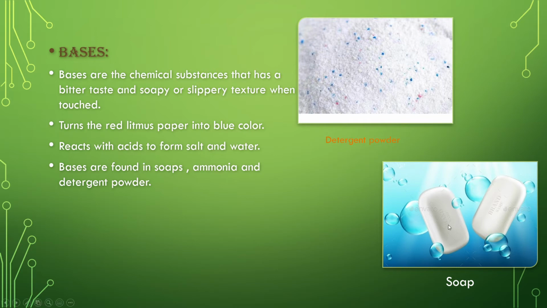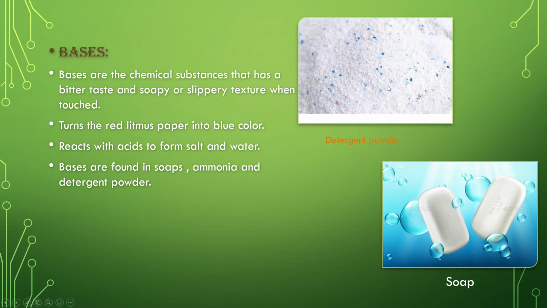Now bases, what are the bases? You can see that I have given some pictures of detergent powder and also two soaps. So why have I given the detergent powder or soap? You can notice that when you touch the detergent powder and soap with some amount of water, you can sense in your finger that it is slippery.